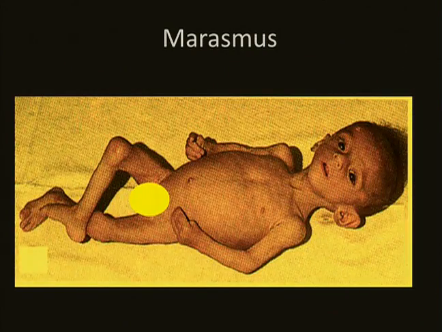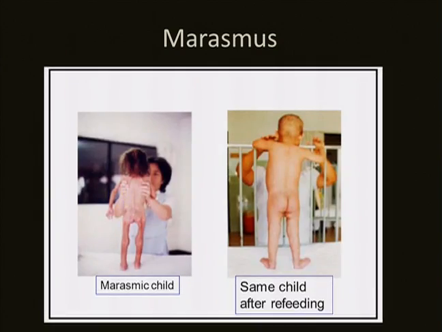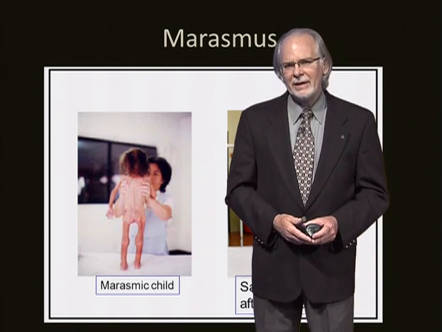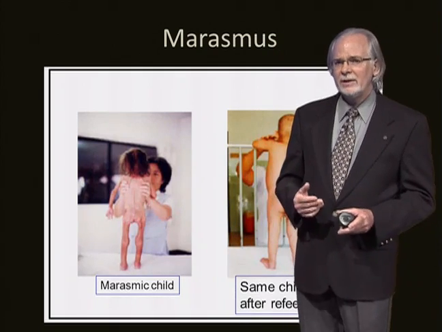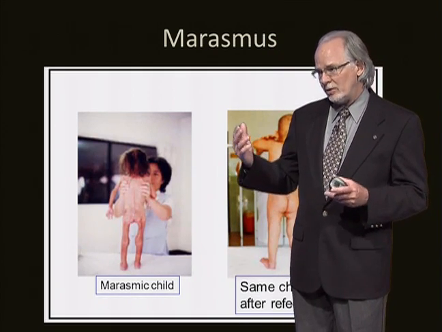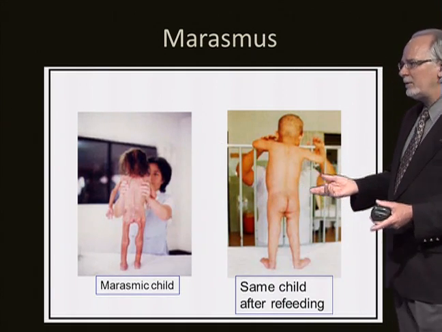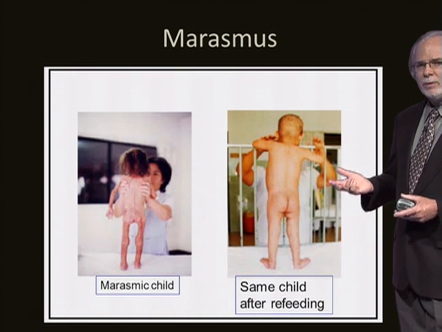Here's an example of a child suffering from Marasmus again. You can see the thin legs and arms. A marasmic child there on the left, and then the same child after refeeding. I know these pictures are difficult to see, but I think it's important in the context of this course that you see both how it looks, the suffering, but you see as well that this suffering can be addressed and these situations can be remedied.